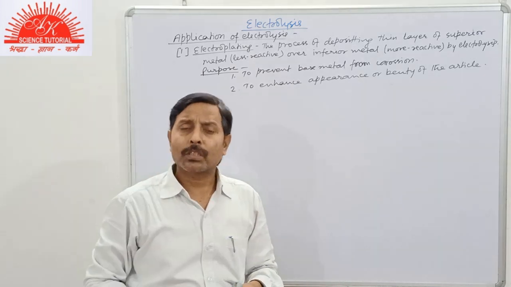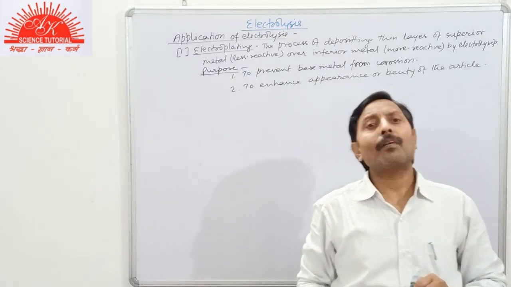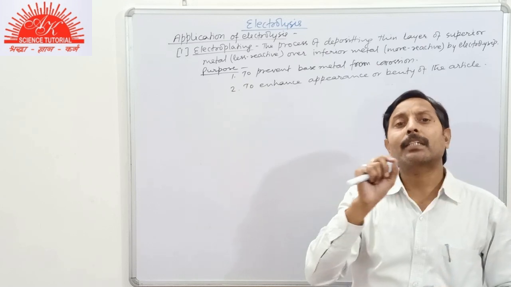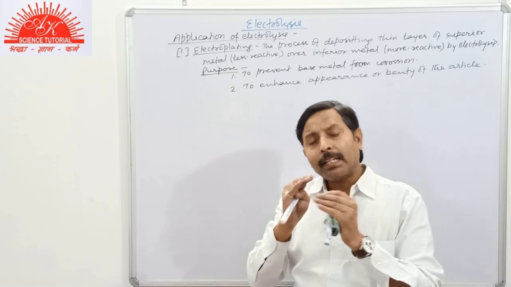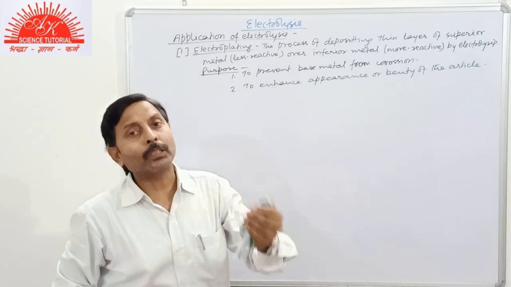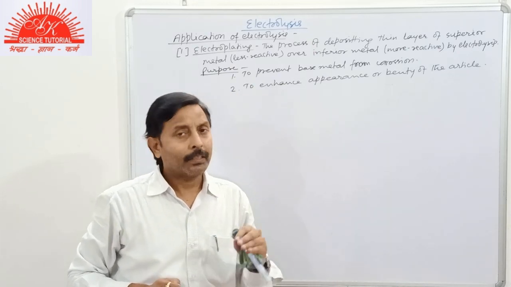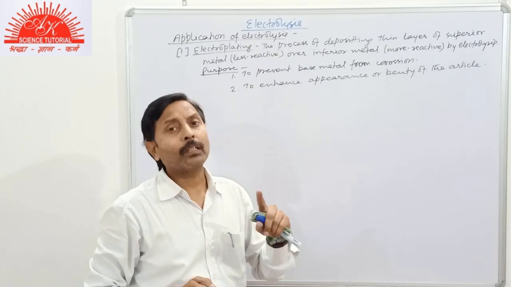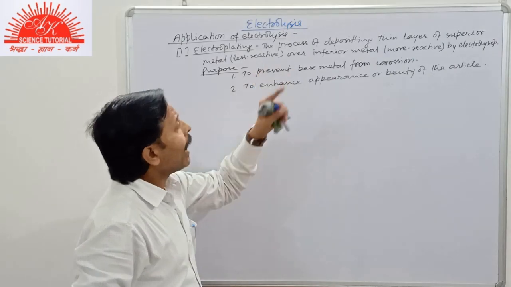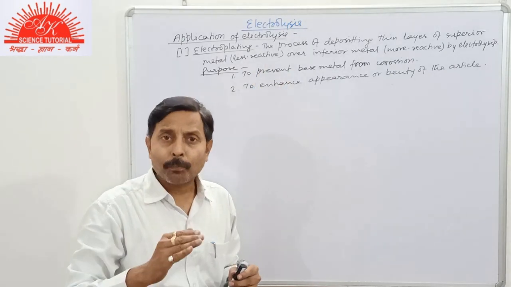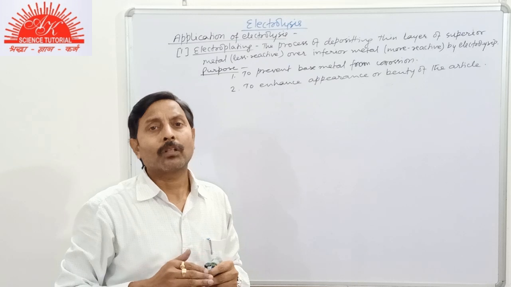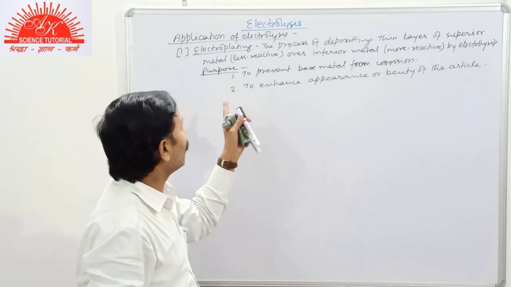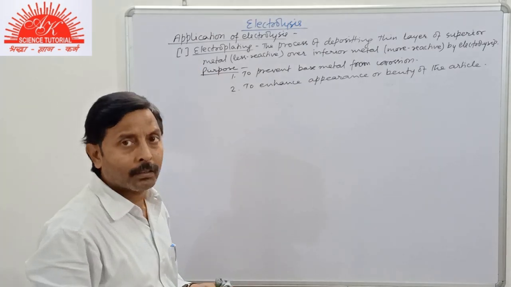We know that cheaper ornaments are electroplated with gold and silver. When a very thin layer of gold or silver is deposited over cheaper ornaments, they are not corroded and they appear like silver or gold. Second, iron articles are electroplated with nickel or zinc to prevent rusting. So this is called electroplating.